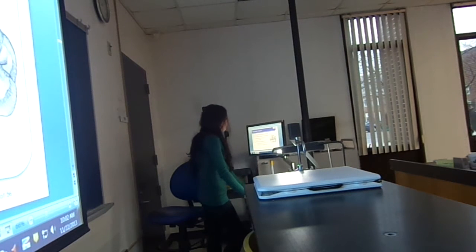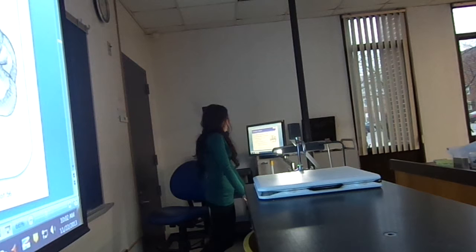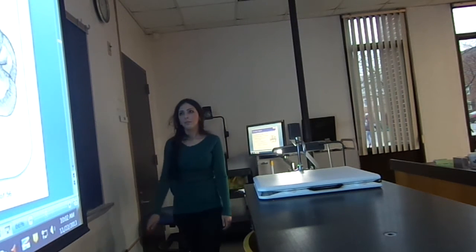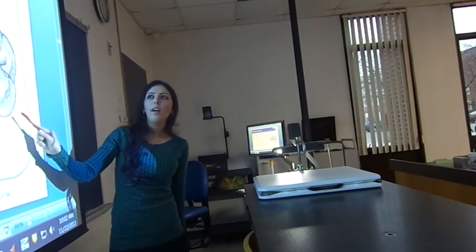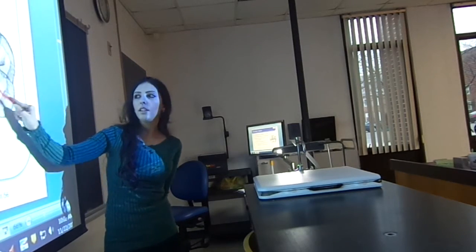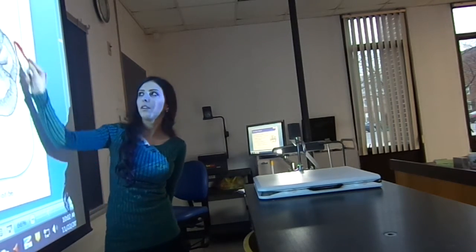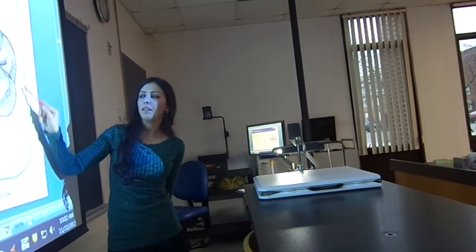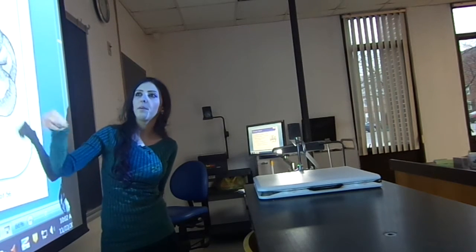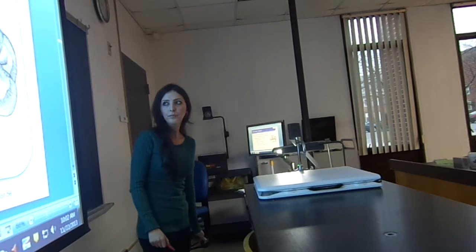Now when you look at the tooth from the occlusal aspect, it's a pentagonal outline overall. But the occlusal table is hexagonal. So out here it would be pentagonal, and then the occlusal table would be hexagonal.